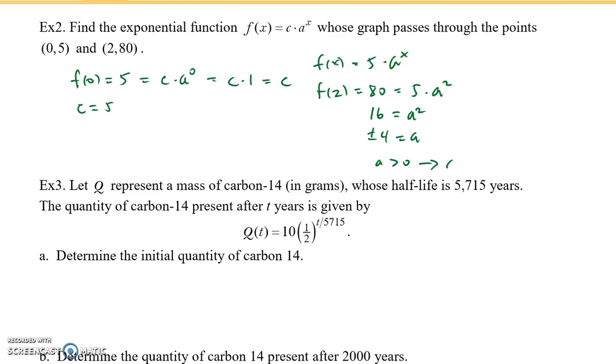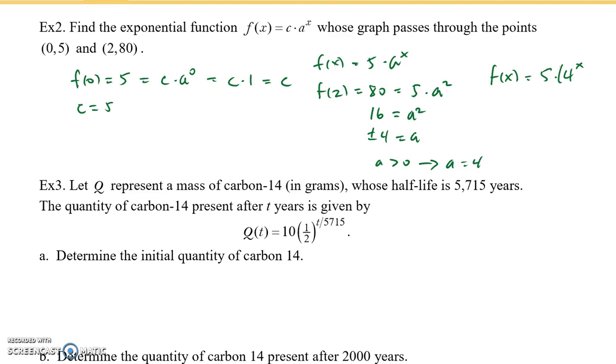So from that it follows that a must be positive 4. Therefore, our exponential function that we're looking for here would be written as f of x equals 5 times 4 to the x power. So that would be our exponential function.